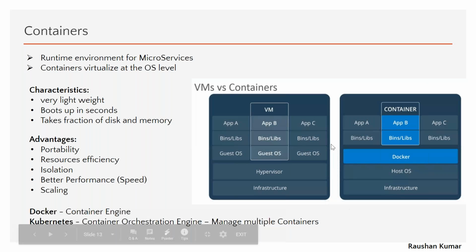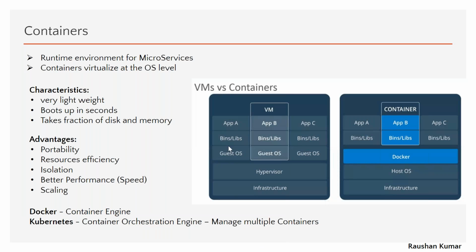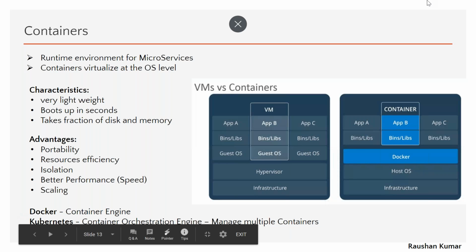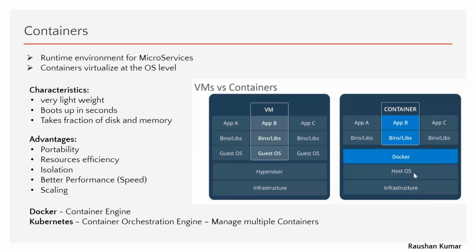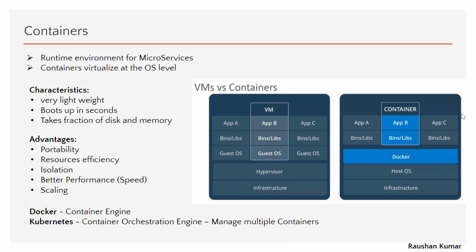In the case of containers, I can have app A as my web server, app B as my database server, app C as my application server, with the same configuration and the same application stack. But with VMs, I am using three VMs, which means three operating systems. Here I'm using just one operating system. That's a big deal. I can have all my application stack running using the Docker engine.